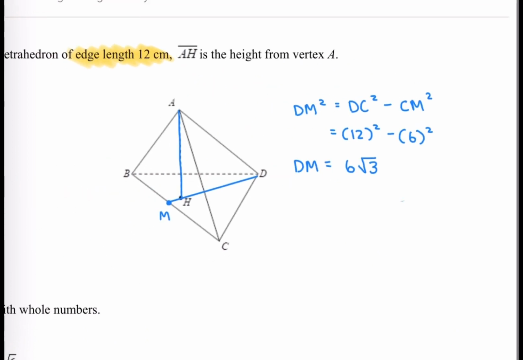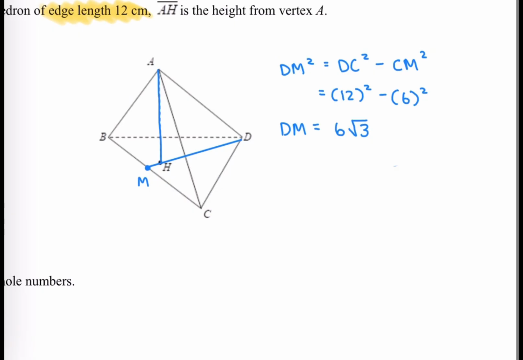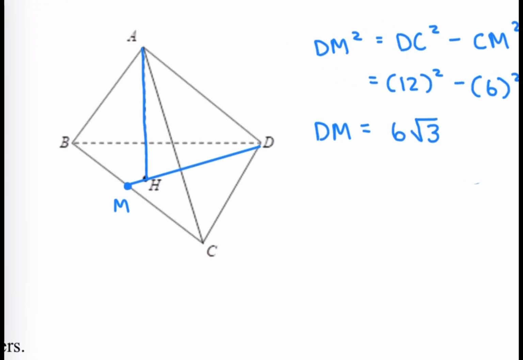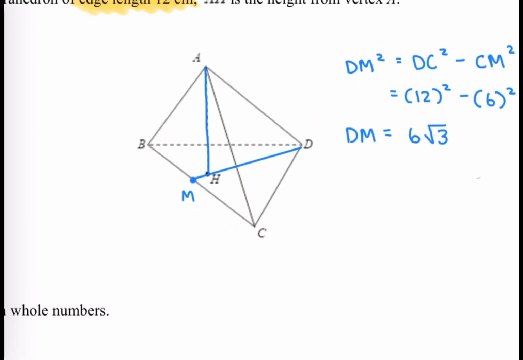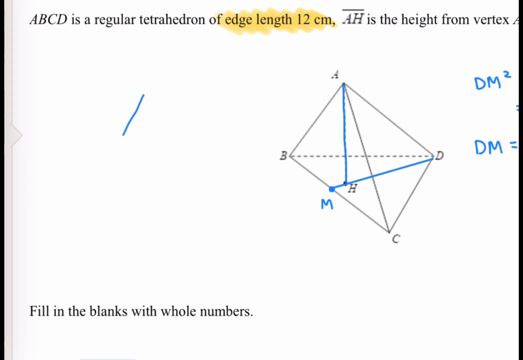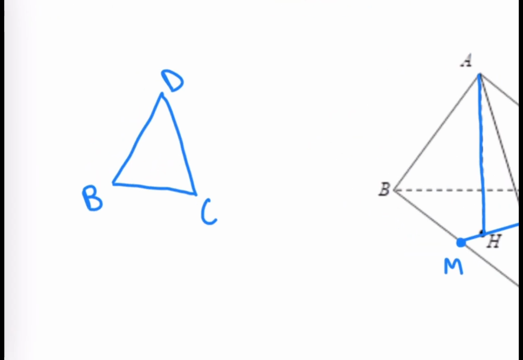Okay, now that you have that, we're going to try to find DH, because look over here, I'm going to draw the base triangle. So this is the base triangle, BDC, and H is going to be right in the middle.